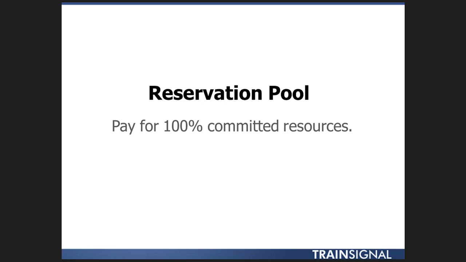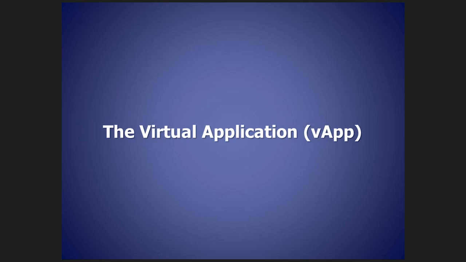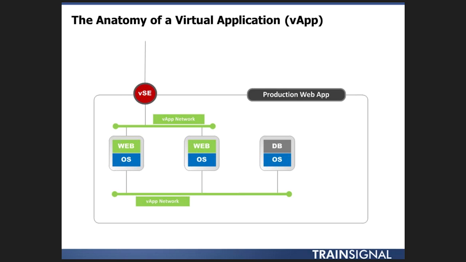So the next of our top 5 features in our vCloud Director organization is the virtual application, or vApp. A vApp is really unique to VMware and not necessarily vCloud Director, but it is a VMware concept, and it's the idea that you can group multiple virtual machines together that serve up a single application.